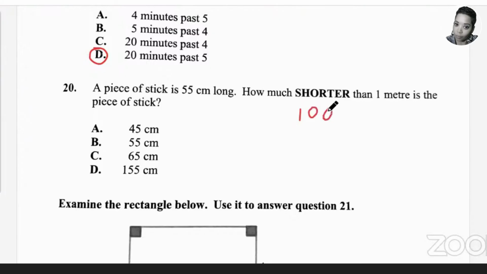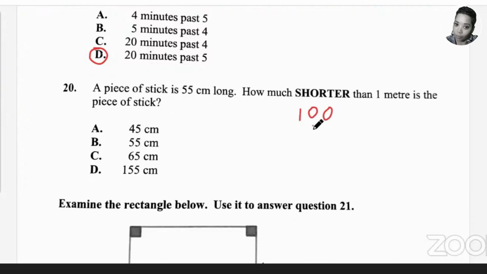So it's best to convert both into the same unit. We are using centimeters here.